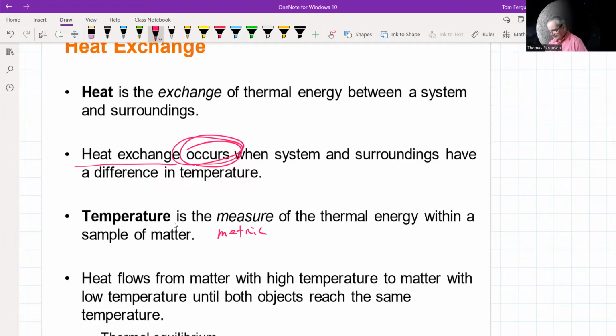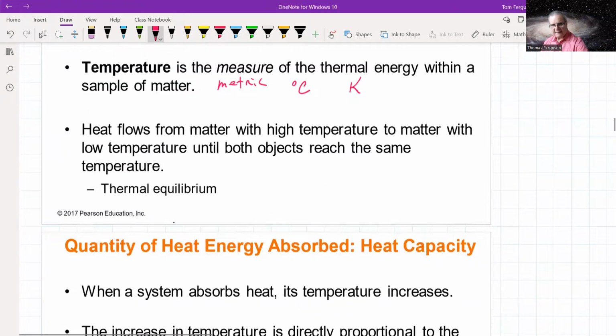And it's in many forms. The one we use in science is the metric system, which is going to be calories and Kelvin. Kelvin is an absolute temperature scale. Celsius is a relative temperature scale. Okay, for stability reasons, heat will flow from high temperature to low temperature until there's an equilibrium reached where the heat energy is the same.